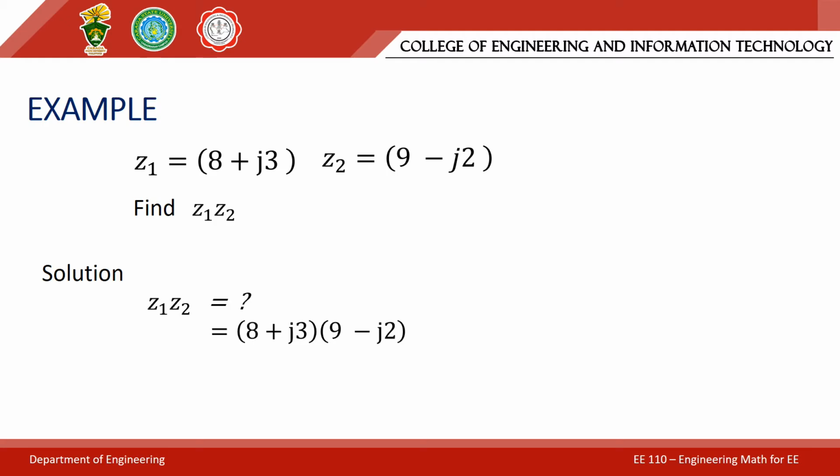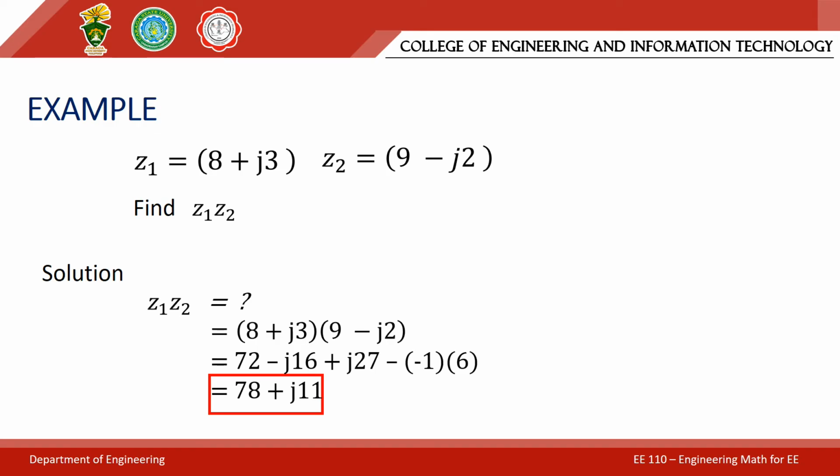As what I've said, you don't have to memorize the form that was being presented a while ago because you can just apply FOIL to get the answer. So first you have to apply FOIL method, then you can have 8 times 9, which is 72, 8 times negative j2, which is negative j16, plus j27 minus j^2 times 6. So your answer would be 78 plus j11.